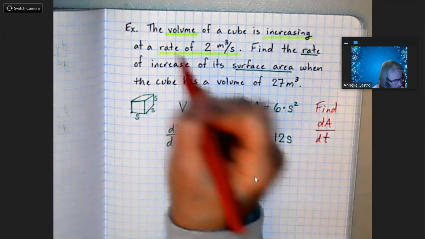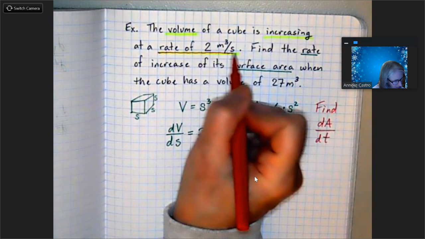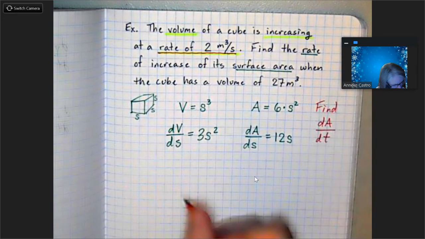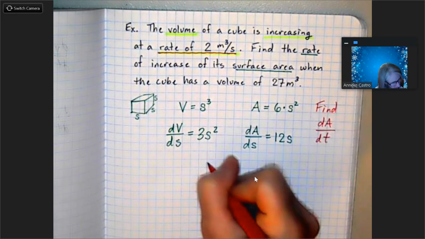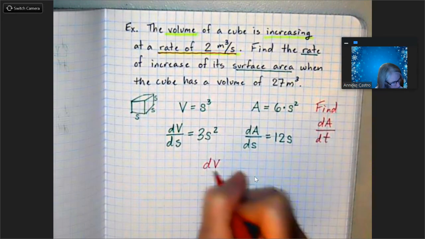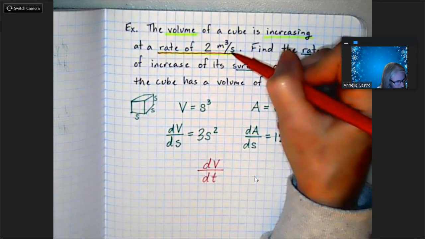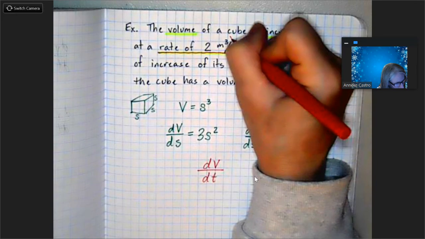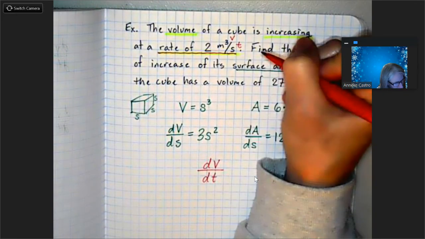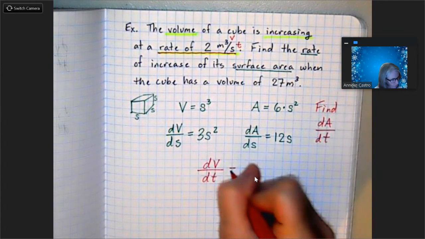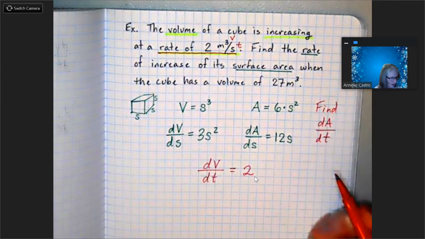So this piece of information right here, I can write as the change in the volume in regards to time. Because see, this is volume over time. This is volume and this is time. So the change in the volume in regards to time is equal to 2.